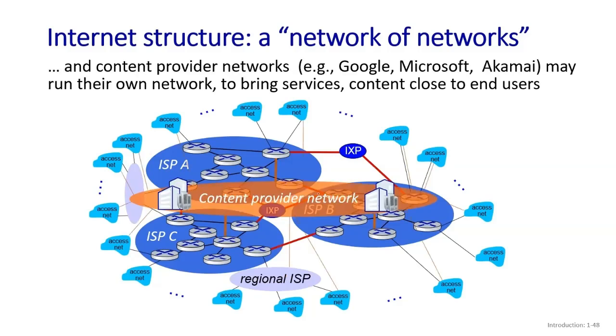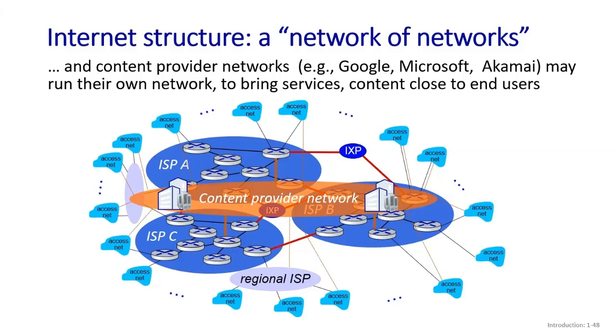Then comes the content provider network. For example, Google is a content provider network. As of 2021, Google had 30 to 50 data centers, each having hundreds of thousands of servers, and some of the data centers have maybe hundreds of servers.